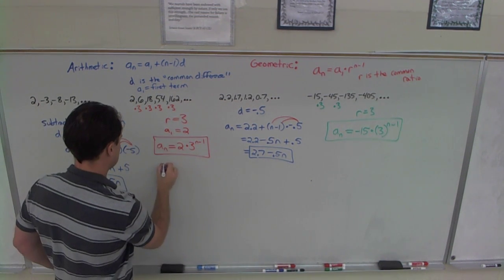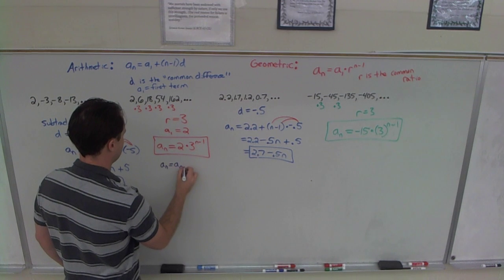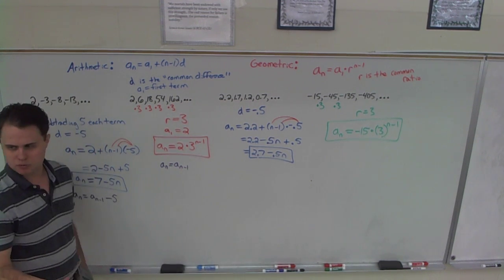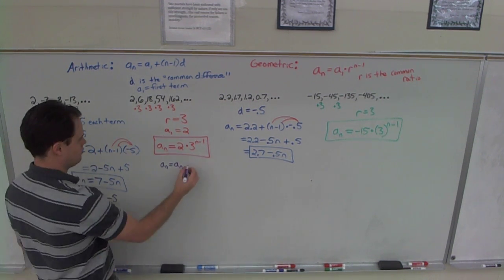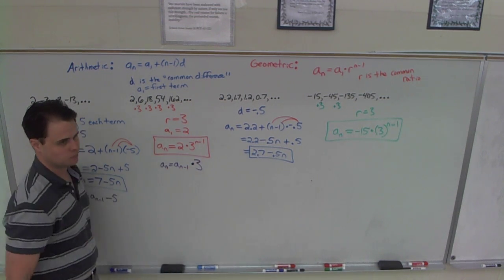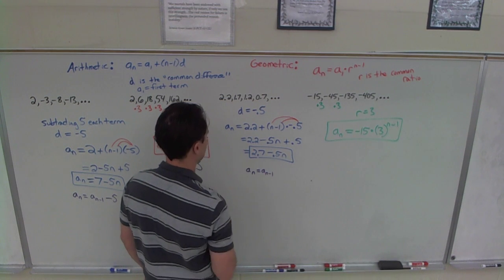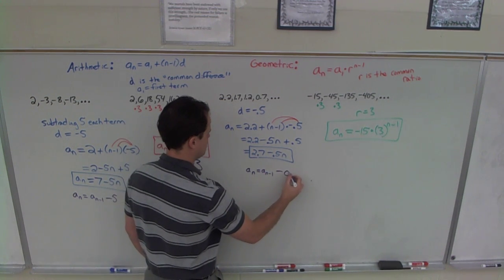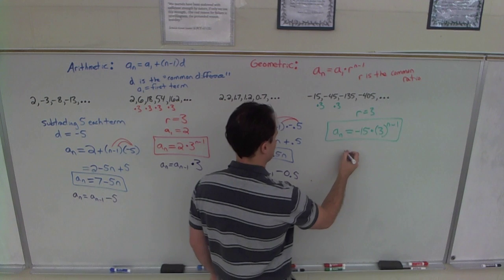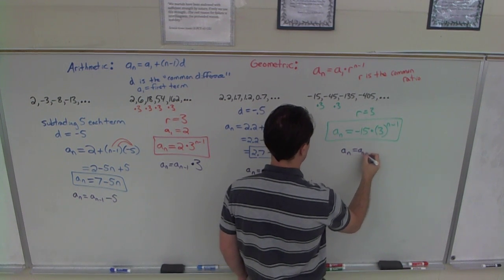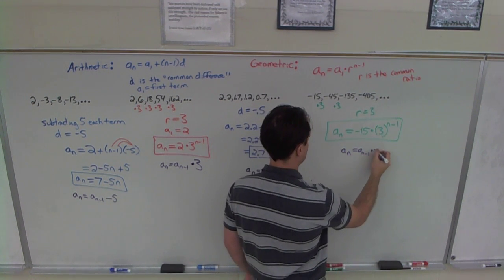Let's do it on this one. So a sub n is going to be the thing before it. And what do we do with the thing before it on this one? Times 3. This guy is the thing before it, minus 0.5. This guy is the thing before it, times 3.